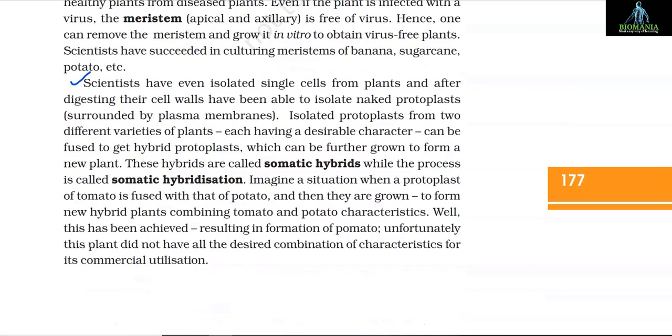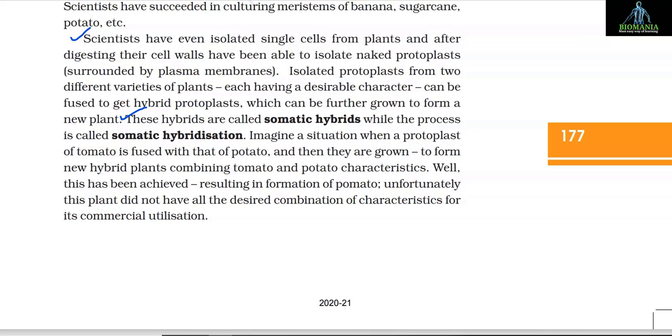Scientists have isolated single cells from plants and, after digesting their cell walls, have been able to isolate naked protoplasts that are surrounded by plasma membranes. Isolated protoplasts from two different varieties of plants, each having a desirable character, can be fused to get a hybrid protoplast, which can be further grown to form a new plant. These hybrids are called somatic hybrids, while the process is called somatic hybridization.